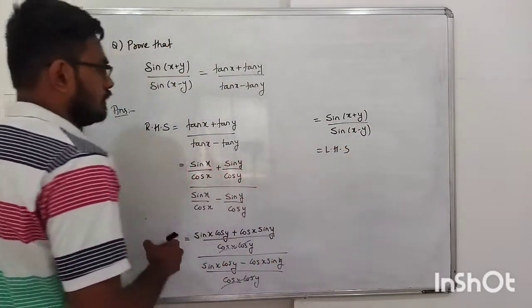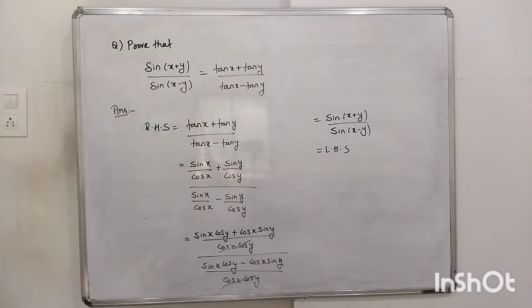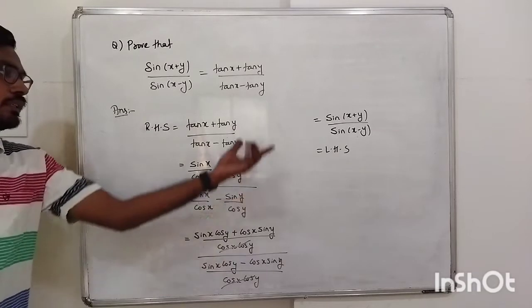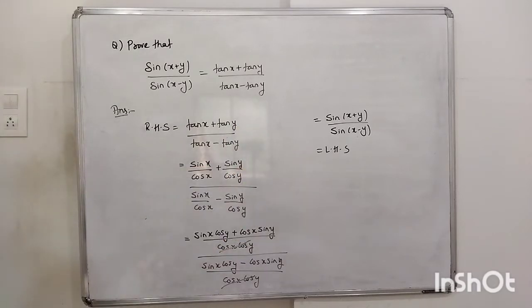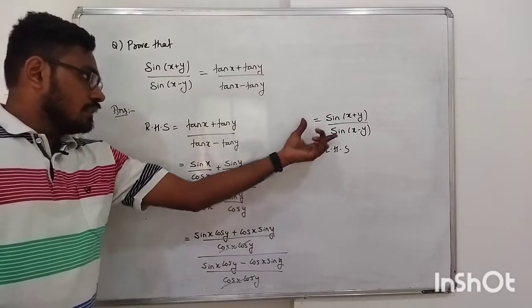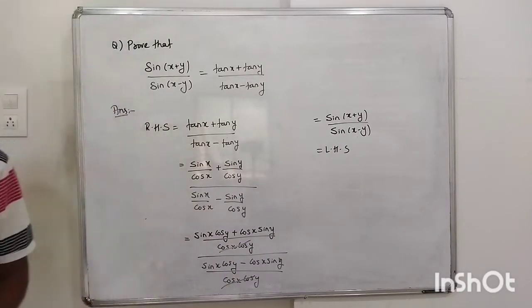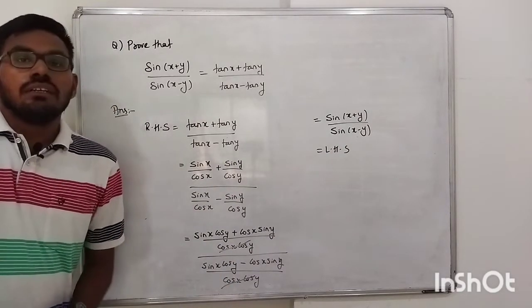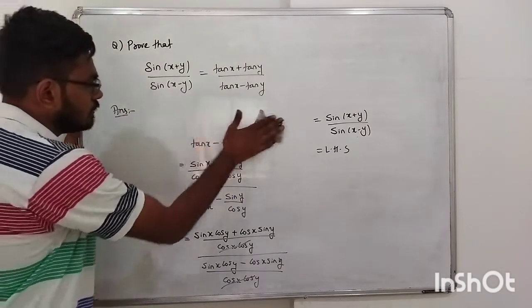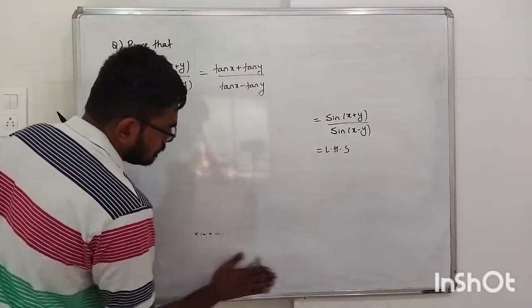Hence we get the answer. Here we took RHS, simplified and got LHS. You can take LHS, simplify and get RHS like this: first simplify, then divide by cos x cos y and simplify, and you will get this. Understood? Last problem we'll do, and then we'll stop.